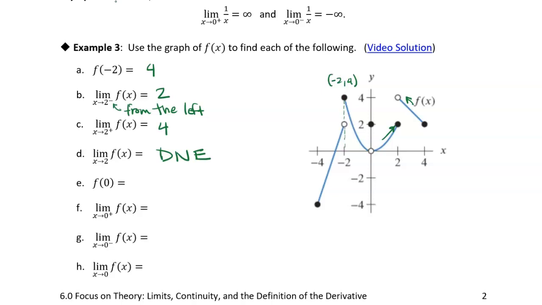Okay, so that limit does not exist because we're getting different values as we approach from the left or from the right. All right, so let's look at f of 0. What's happening at 0? Now we had a hole at 0, but if we look at the value of the function, it's here, this closed circle. So at 0, it's defined to be 2. But if we approach from the right, let me erase some of my arrows so it doesn't get too messy here. As I approach from the right, I can get closer and closer to 0.